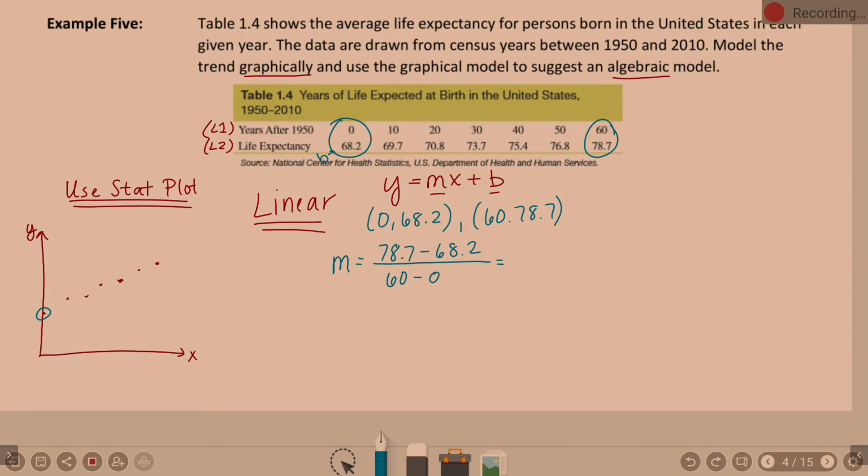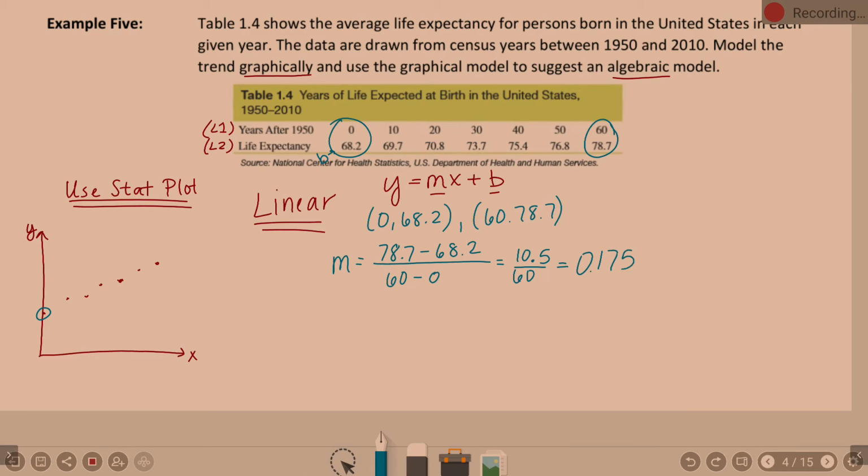So subtract. I got the denominator of 60. Numerator of 10.5. Convert this to a decimal. 0.175.